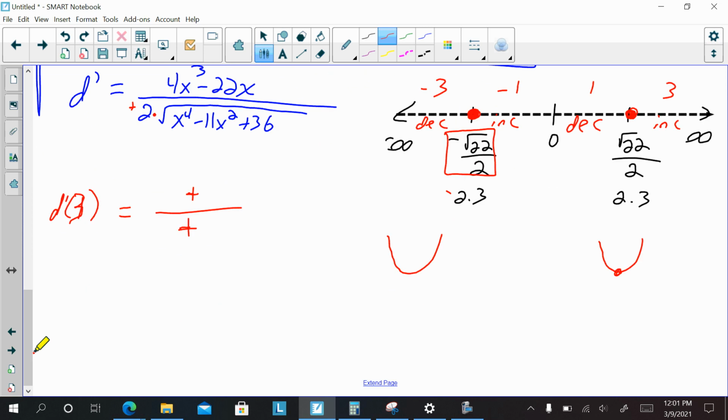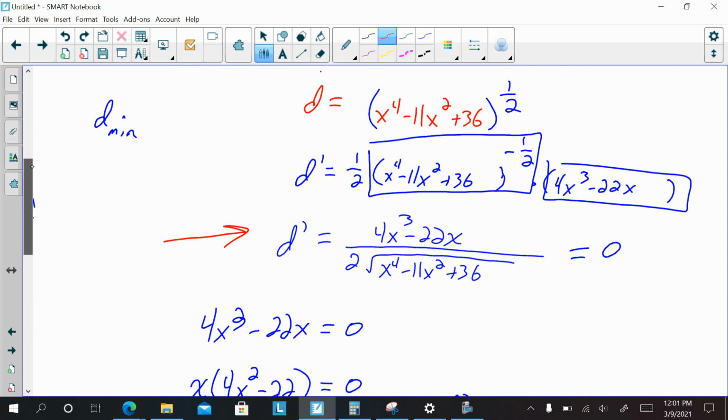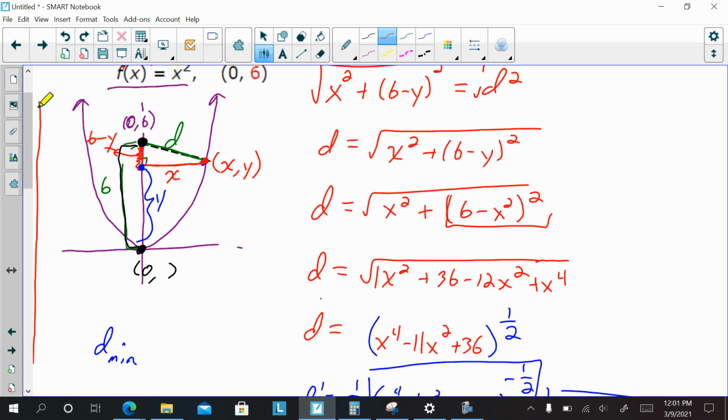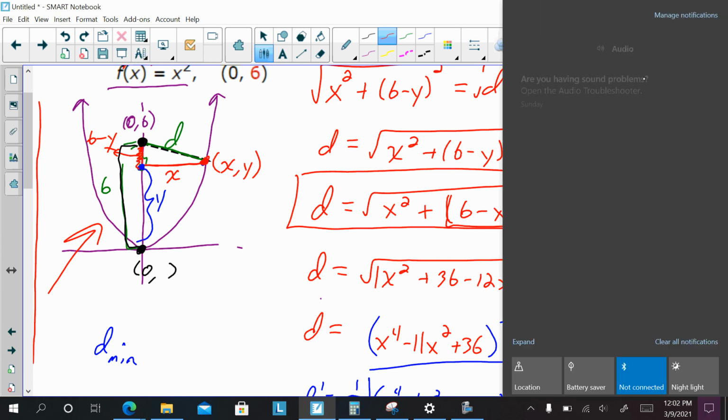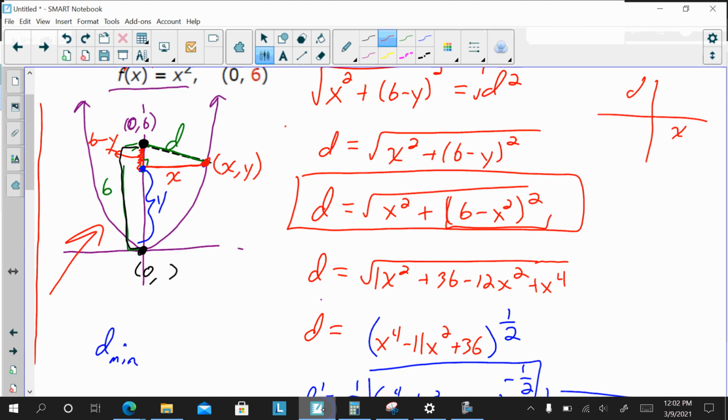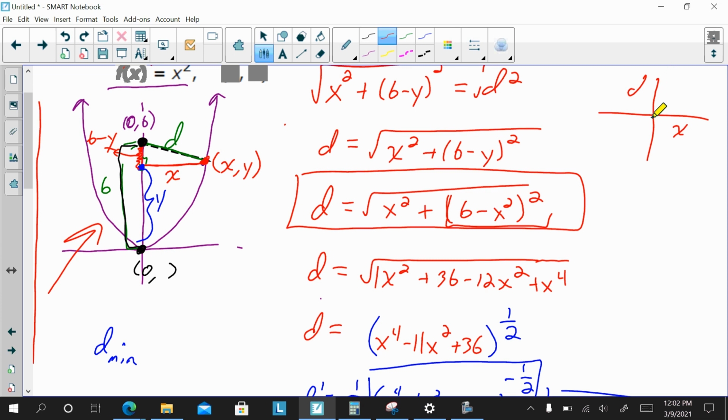So we have a minimum what? A minimum distance. Why a minimum distance? Because our function represents distance. This is the picture of what we are minimizing. If we graph this function, our horizontal value, our x value, tells us where this point is located. Our vertical location tells us how far this point is from there.